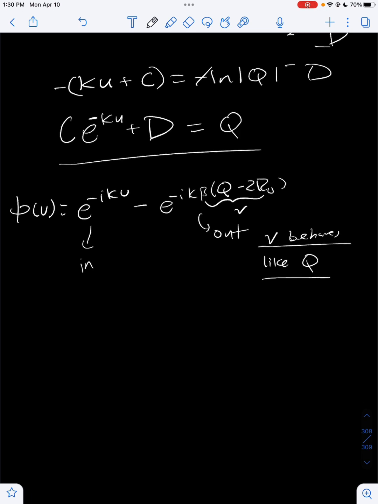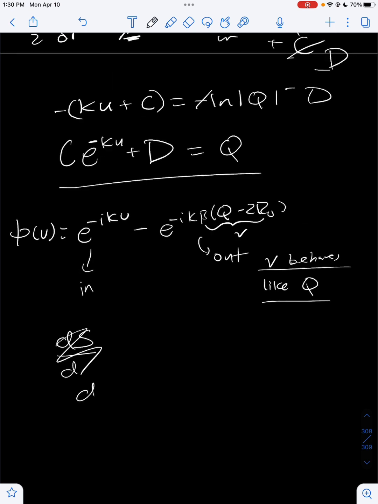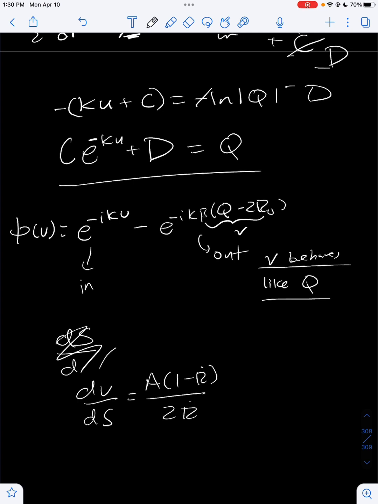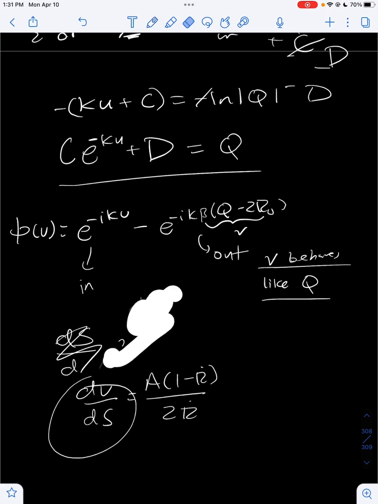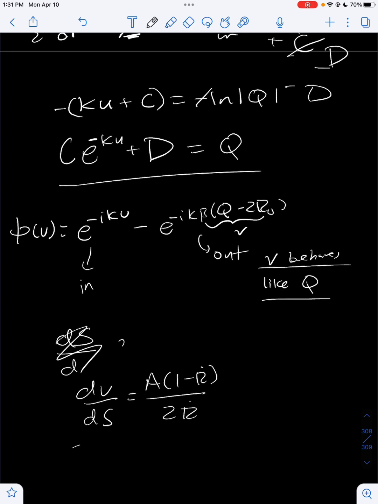The actual reason is that dv over ds is going to be equal to a times 1 minus r dot over 2 r dot, doing the same steps as before when we found what dq over du was. If you instead find what dv over ds was, and again look at c approaching 0, you get this over here.